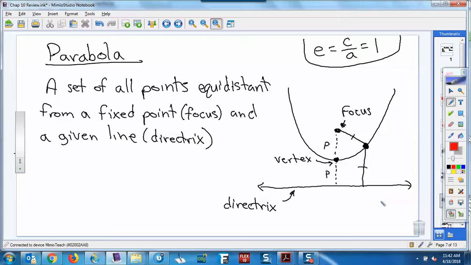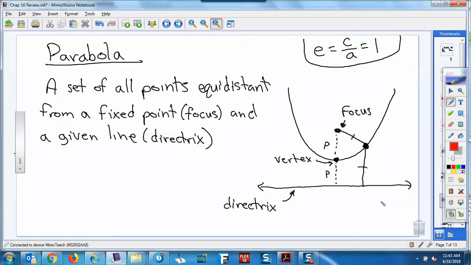Now, why is the eccentricity 1? What would C be in this problem? What distance on there would be C, you suppose? Well, it's the same as A, right? What is C in an ellipse and a hyperbola? It's a distance to where?